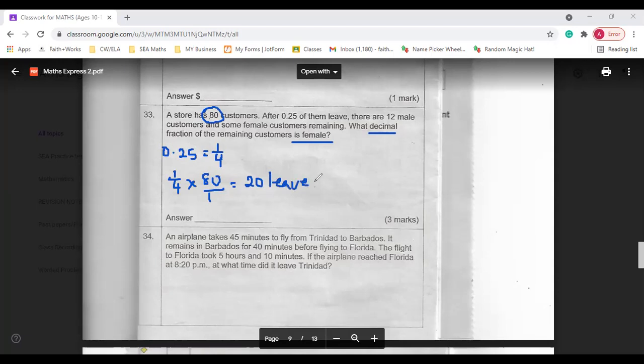All right. So the remainder would be the total minus the number of people who left. Right? So the remainder is 60.